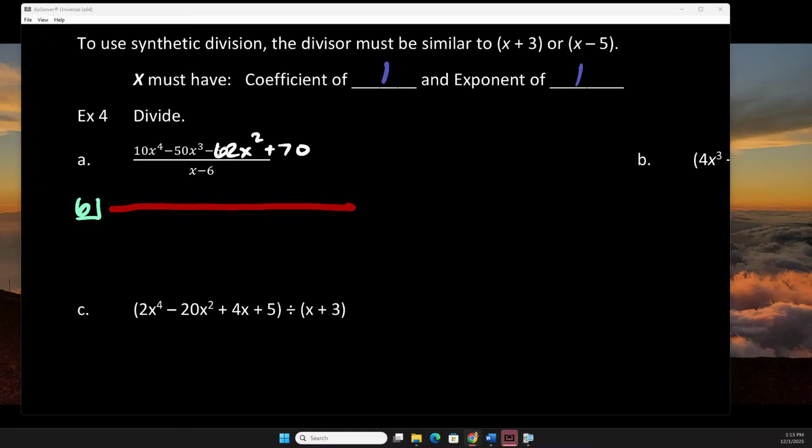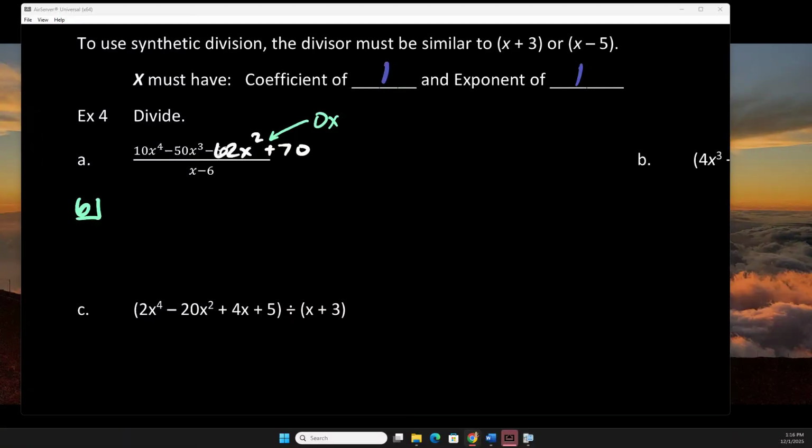And then to the right of the box, you're going to do your coefficients and your constants of the dividend. You're not going to put any x's in there. You're just going to put numbers. There is one other thing you have to watch out for. If one of the powers is skipped, like it goes from x to the fourth to x to the second, or in this case, x to the second to just the constant, you have to fill in a 0 for whatever was skipped in the place where it would have been.